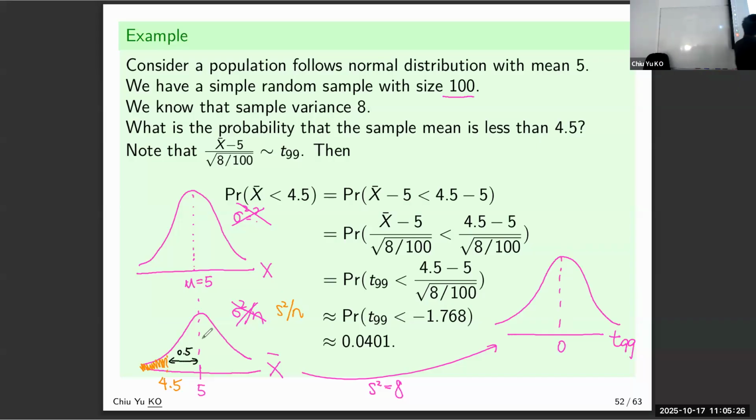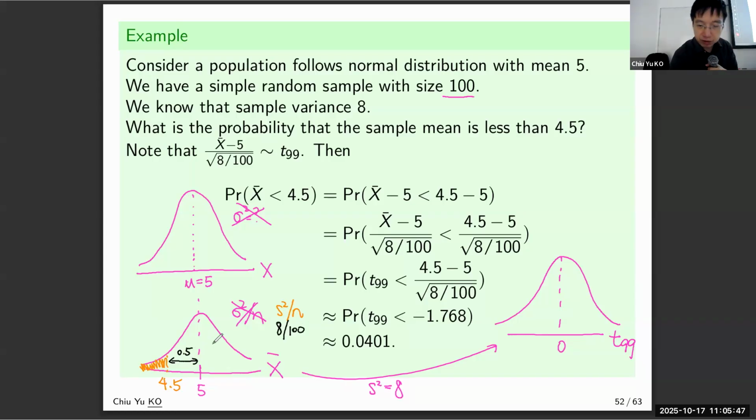And you want to measure it by how many standard deviations you have. So it's 0.5 over the square root of this guy. What's S squared? S squared is 8. N is 100.